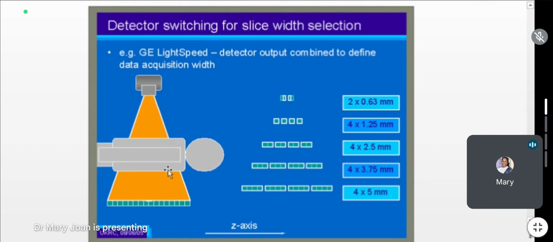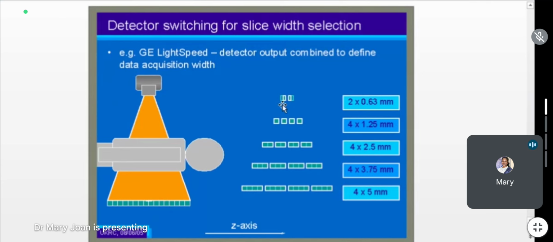So, detector switching is used for slice width selection. In the GE LightSpeed, the detector output is compared to define the data acquisition width. Here you can see different data acquisition widths across the z-axis.